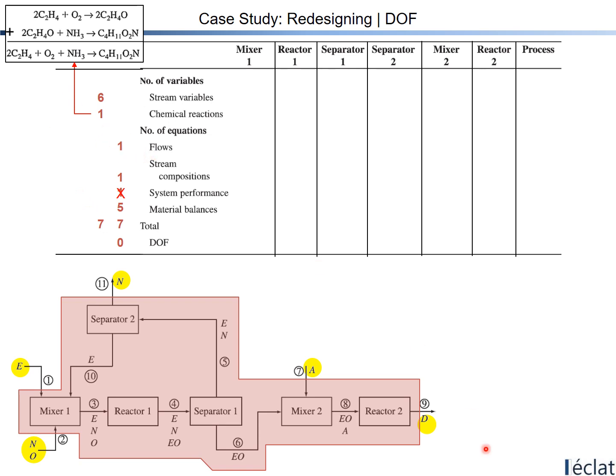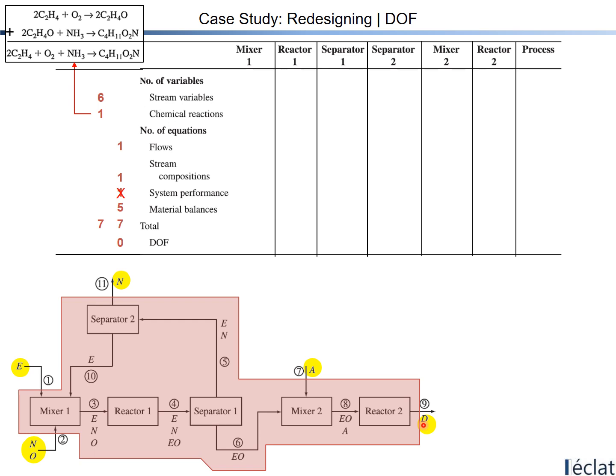The flows, the basis for D, and the composition for L, and material balance equations. Let me check the number of compounds. ENO, the same, AD, ENOAD, 5 compounds are there, so we would have 5 material balances. So 1 plus 1 plus 5 is 7. 7 minus 7 is 0, so we can solve this problem. Then after the calculation, we would know the values for ethylene, nitrogen, oxygen, nitrogen, ammonia, and DEA.